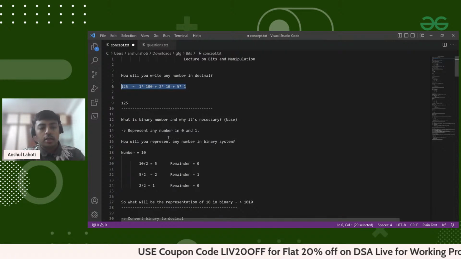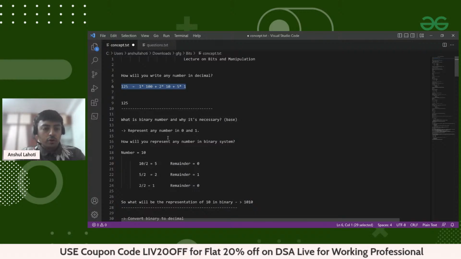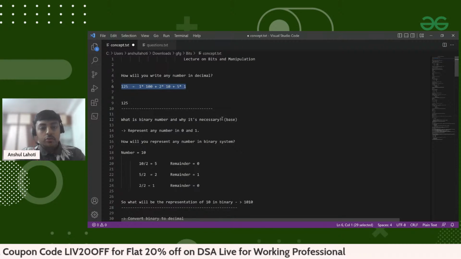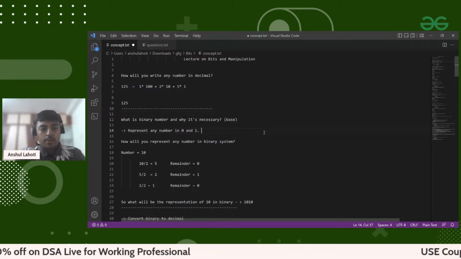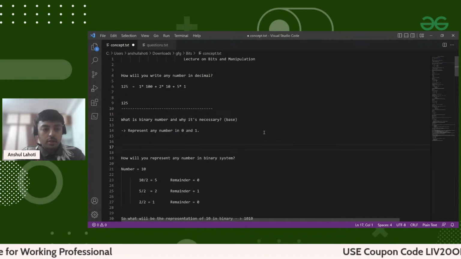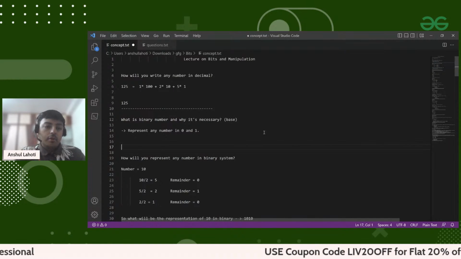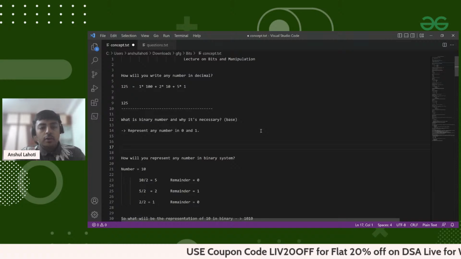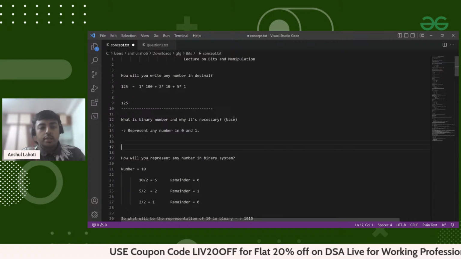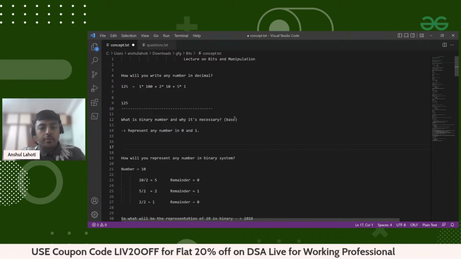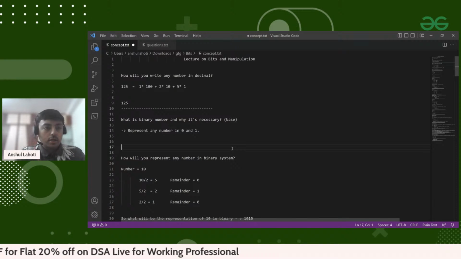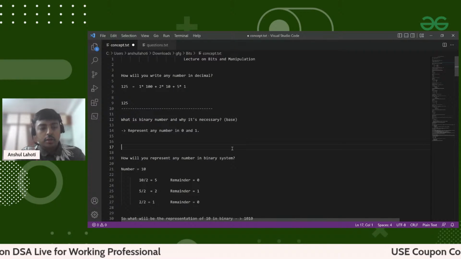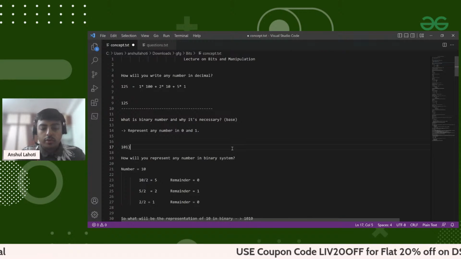So basically, the binary number system is also called the system with base 2. If I say the number is 101, it is a binary number.